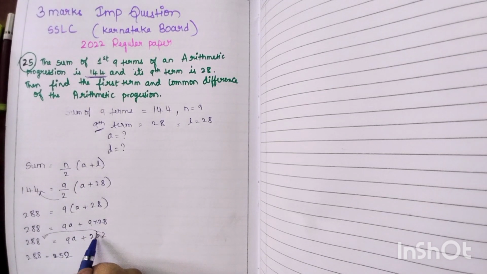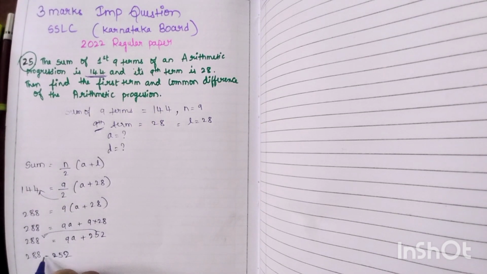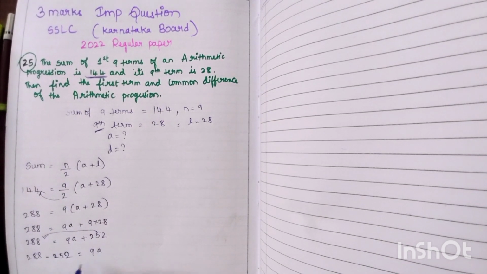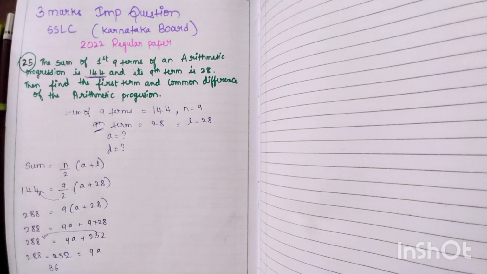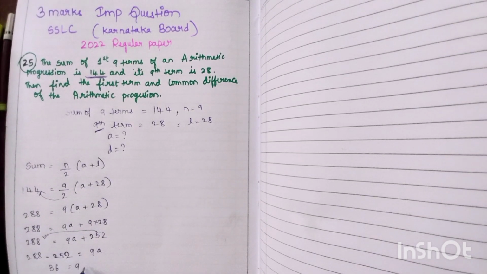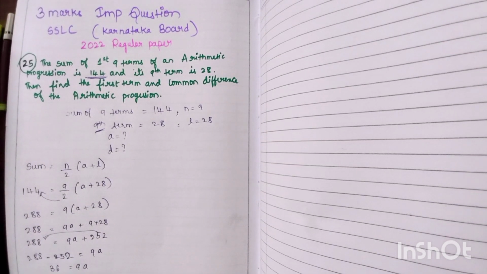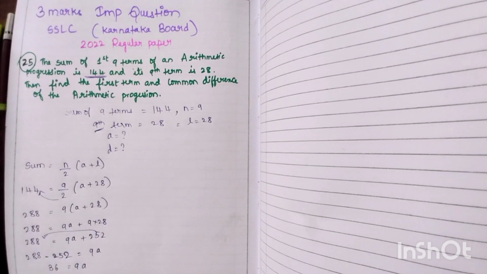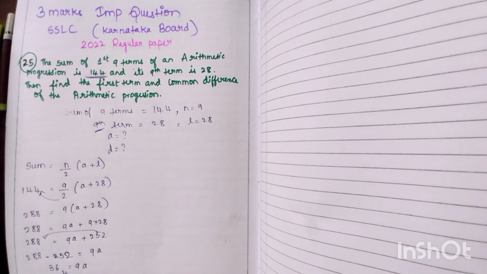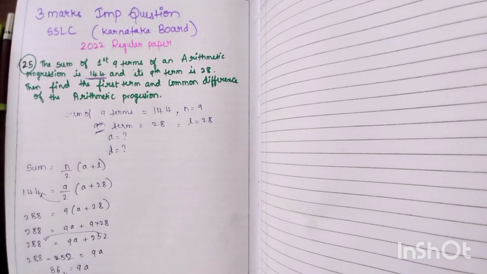So if it comes from the left side to the right side, we'll get 288 minus 252 is equal to 9A. So we will get the difference here as 36 is equal to 9A. Then 36 divided by 9 is equal to A. 9 fours are 36. Then what is A? A is 4.